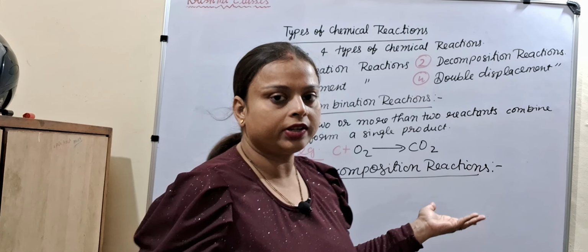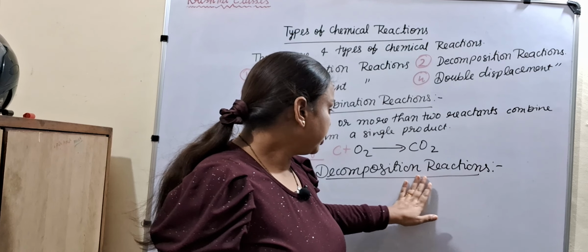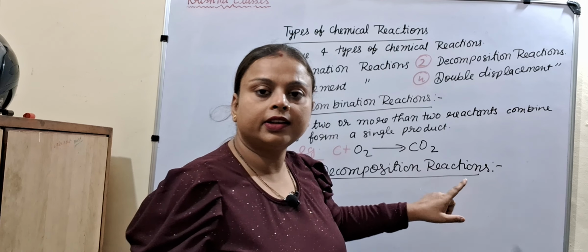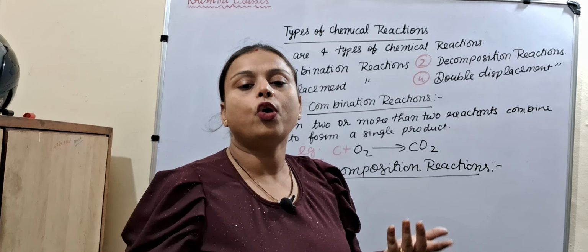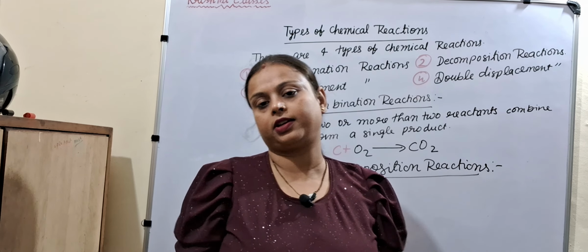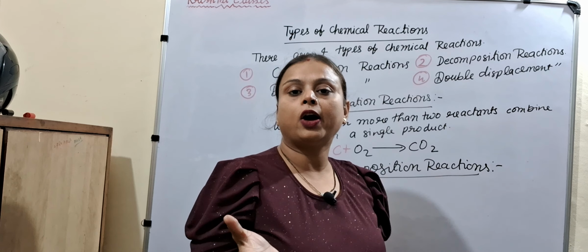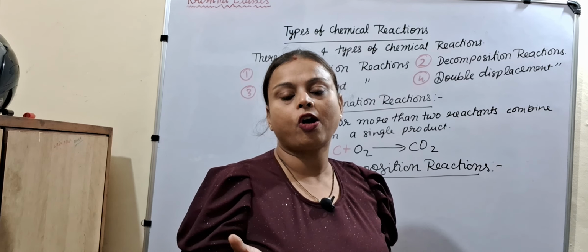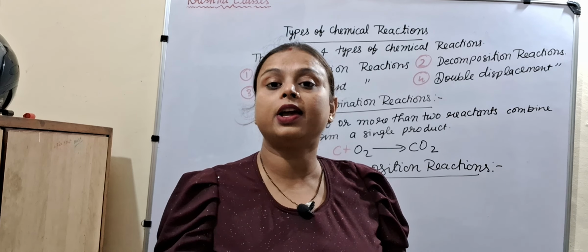In this reaction, one reactant breaks down into two or more products. That is called the decomposition reaction. In this reaction, one single reactant breaks down into its simplest form and forms two or more than two products.